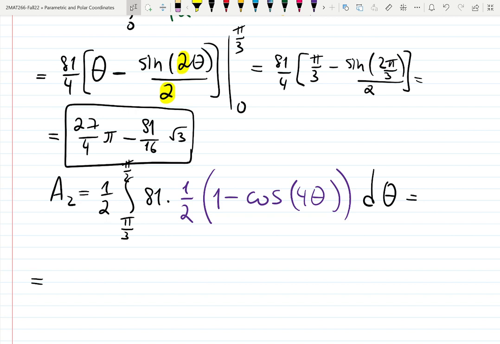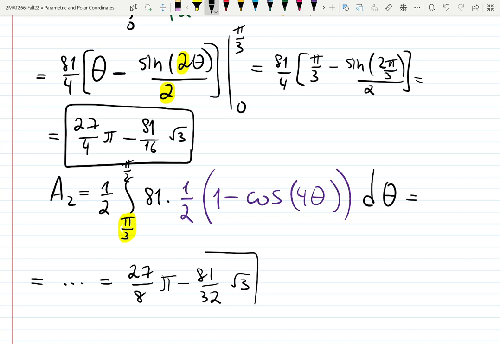So the answer will be, collect all the terms, 81 over 4, it will be 27/8 pi minus 81 over 32 square root of 3. So you know at pi over 2, sine of pi over 2 times 4 becomes 2 pi, that is 0. So again, we only actually care about this pi over 3 number. That's the only one that does not give us zeros.